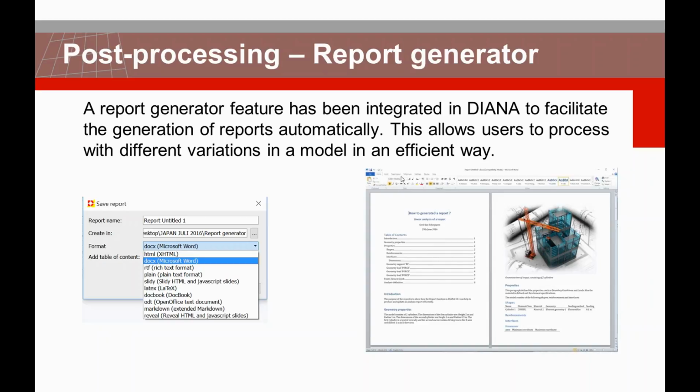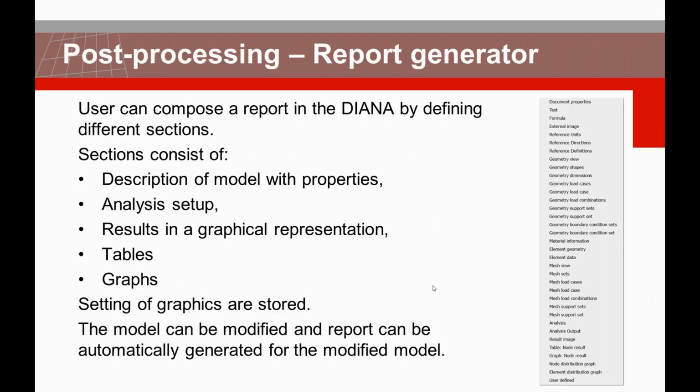It gives various types of output based on the different setups that we have. It could be Word documents, PDF, LaTeX, or HTML, and nicely there are hyperlinked, categorized sections put on the different sections, and you can easily reach them. What you can set up here, you can describe the model with the properties, with the analysis setup.